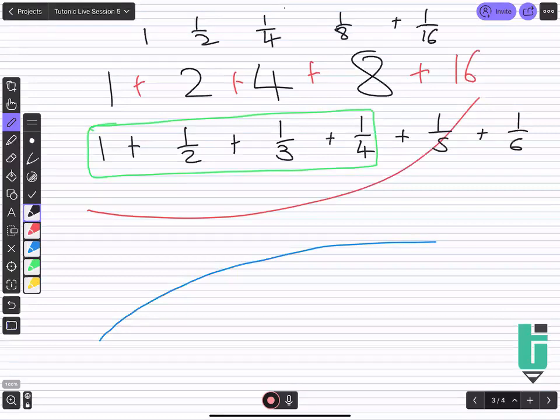What is a half plus a third plus a quarter? Okay, that's a bit of a tough one to add, but it's 0.5 and 1.08. So do you agree it's more than 1?